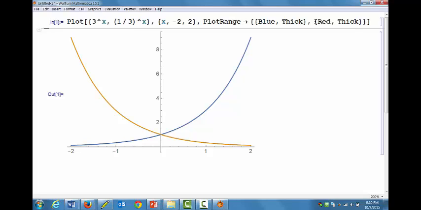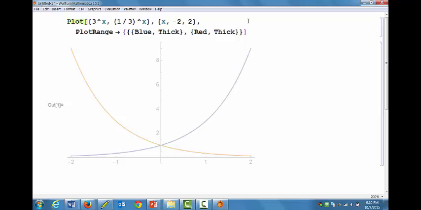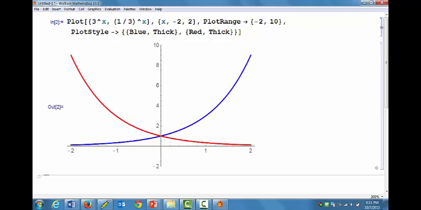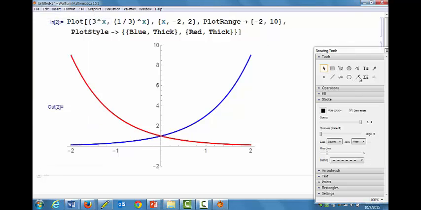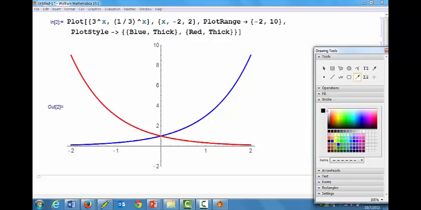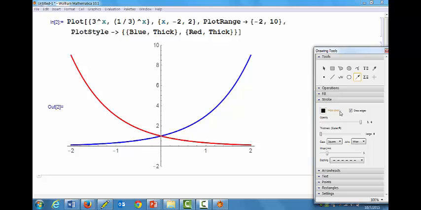I'm going to go from -2 to 10 with my y values. So the plot range is the range of y values. I'm going to go from -2, that's going to be my smallest y, to 10. And then plot style, notice I have a set that contains two sets. The first set tells me about f, which I want to be blue and thick. The second set tells me about g, which I want to be red and thick. So that's the plot style information.